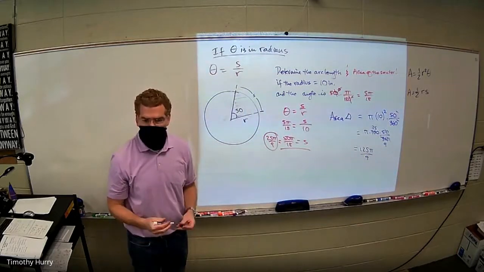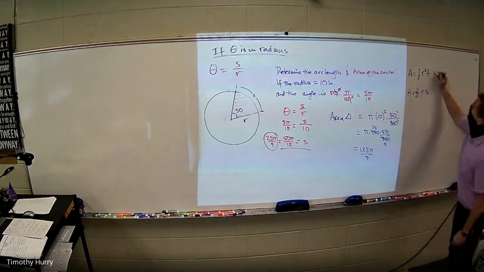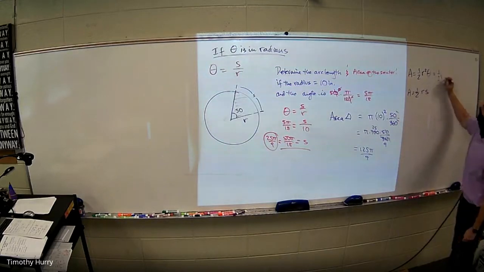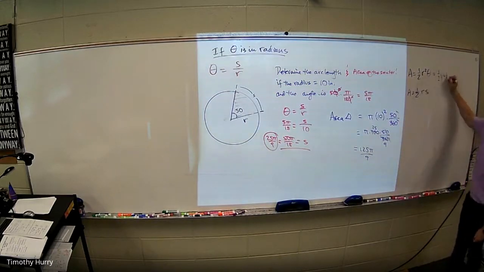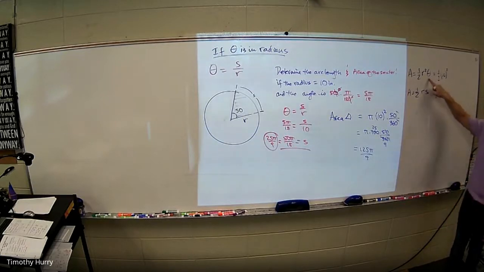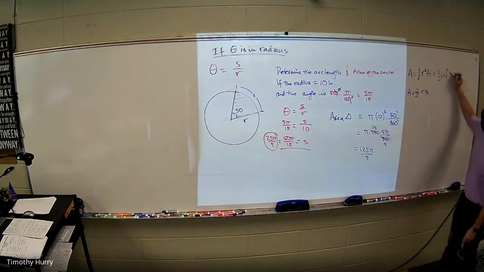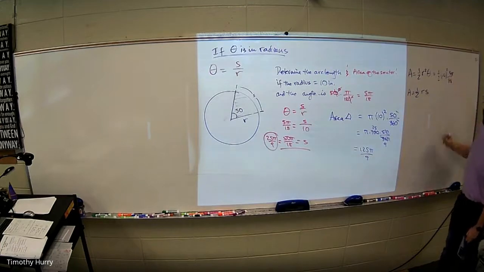Y'all with me? Now look, if I were to use this formula right here, I'm going to take half of the radius squared, right? But what am I going to have to do with my angle? Turn it into a radian. So when I turn it into a radian, I'm going to plug 5 pi over 18 in here, right?